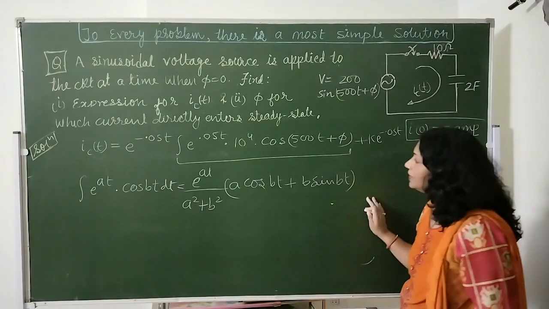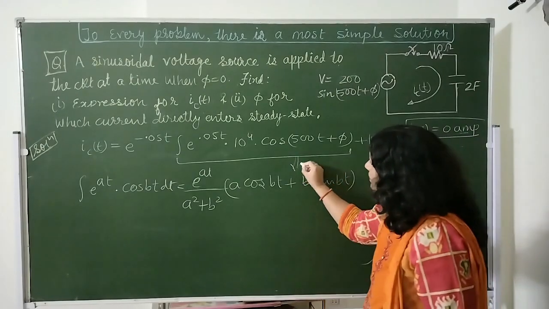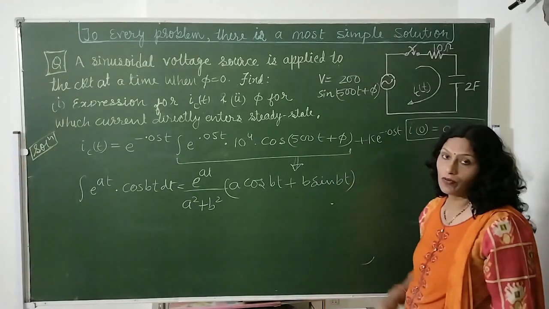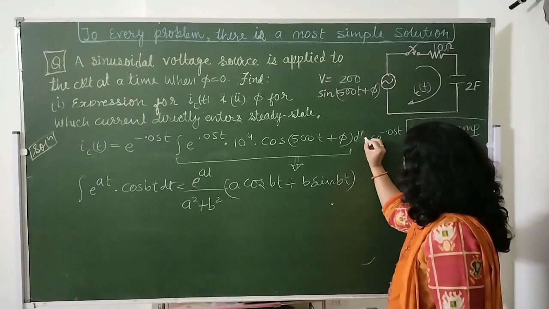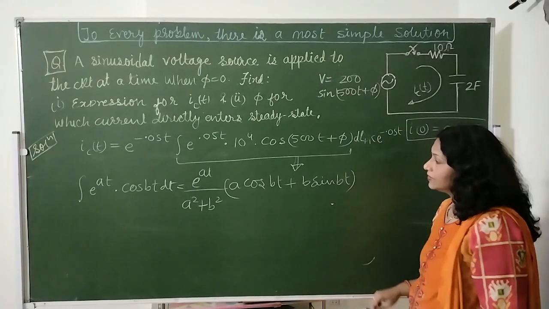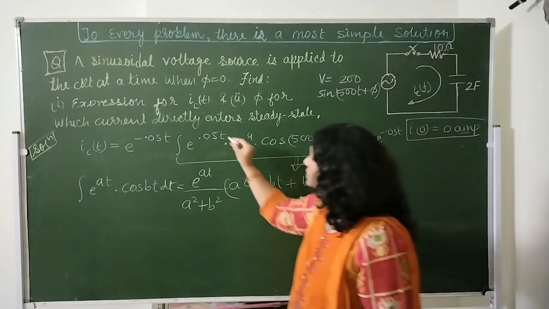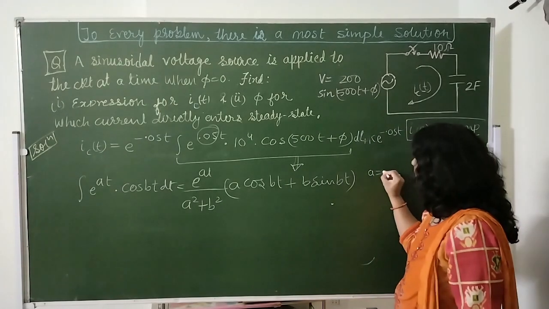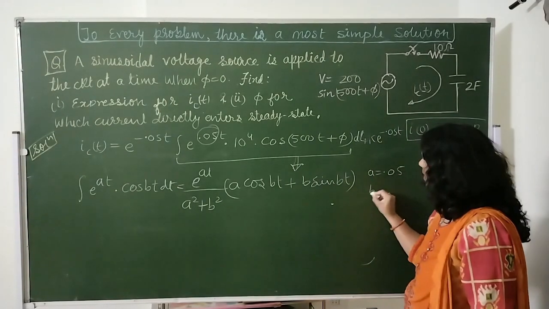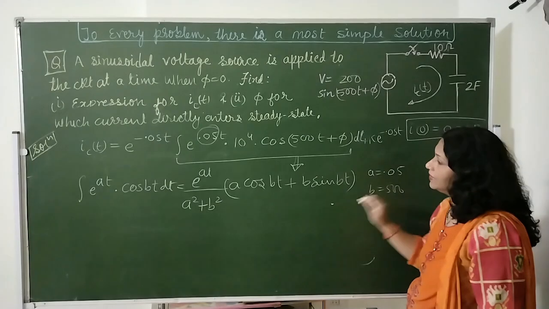This is the integration of such a type of combination, dt is also there. Now put the values: a equals 0.05 and b equals 500 here.